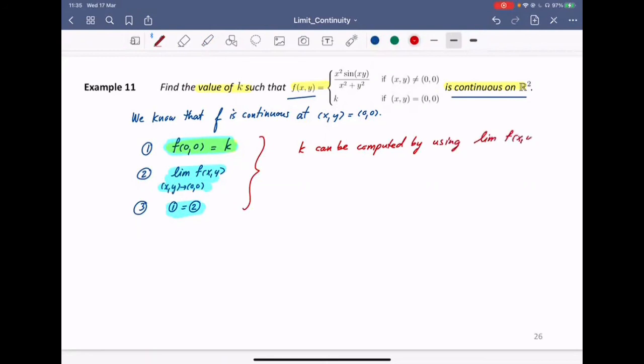If you can compute the limit as (x, y) goes to (0, 0), that is just k, because you need number 2 equal to number 1. They must be equal to each other in order to hold the continuity property. So actually k equals the limit of f(x, y) where (x, y) goes to (0, 0). The remaining work is just to compute the limit.